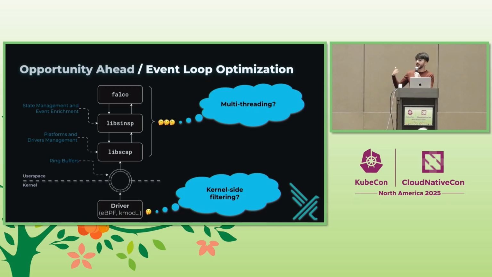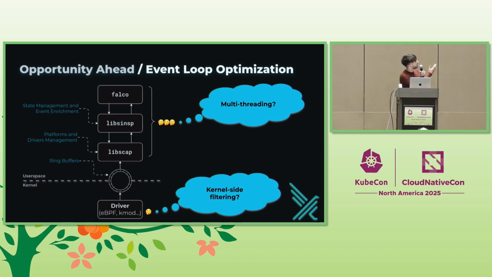First of all, what is the event loop? The event loop is a mechanism that Falco implements to get events from the driver. A driver is, for example, the modern eBPF probe or the kernel module. These are simply ways of capturing information from the system. These events are passed to the upper layers of Falco.